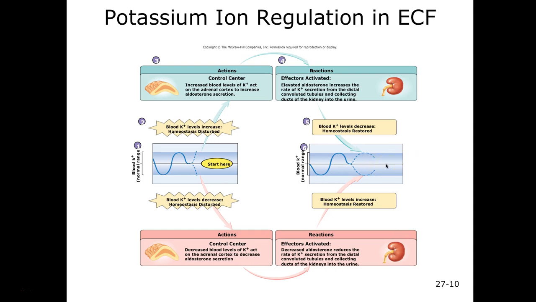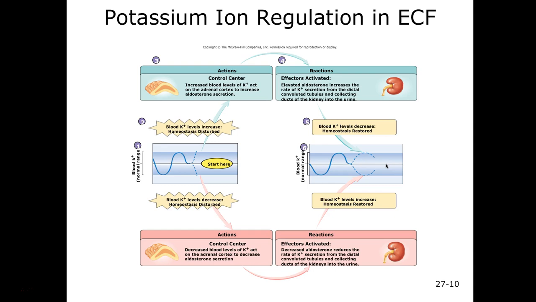So what's happening when we are in hypokalemia? It means that we are going to decrease our extracellular potassium, and that causes cell hyperpolarization, meaning our resting membrane potential within our cell was negative 70 millivolts, right?